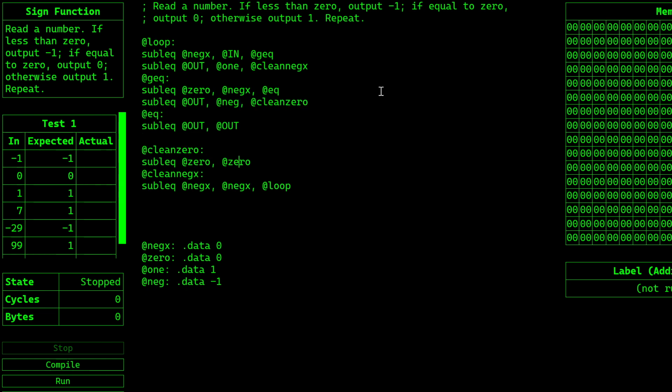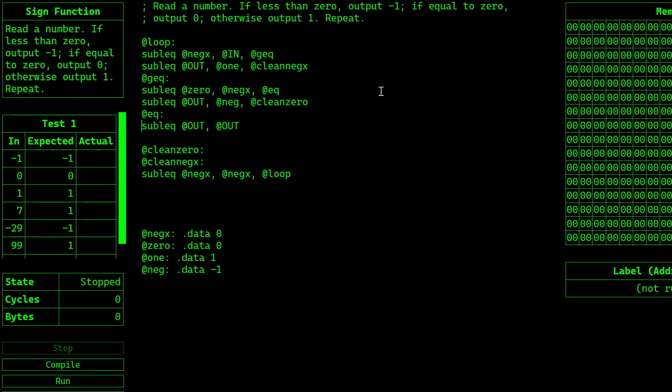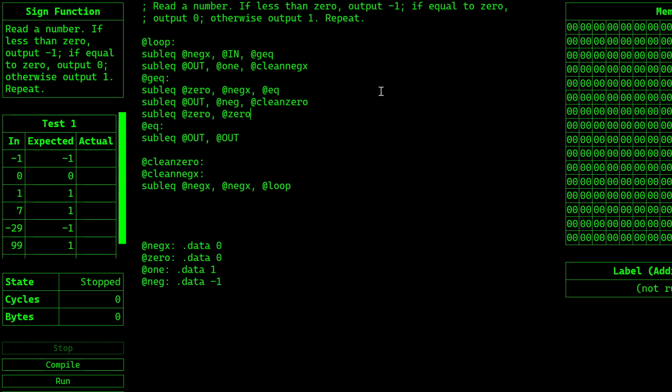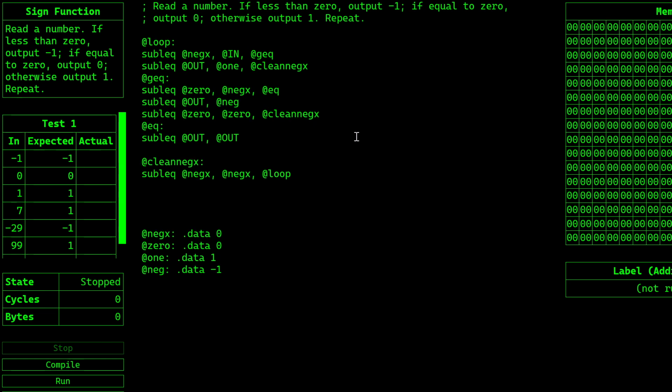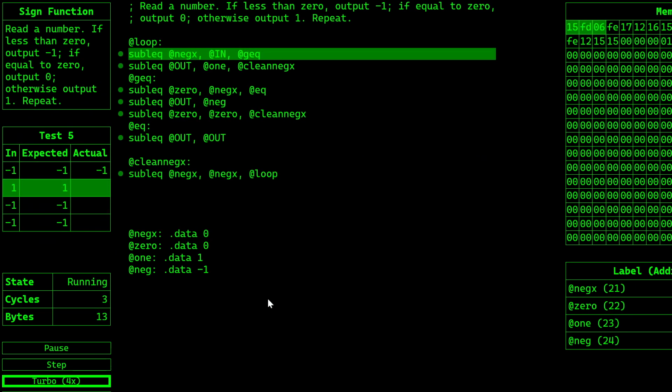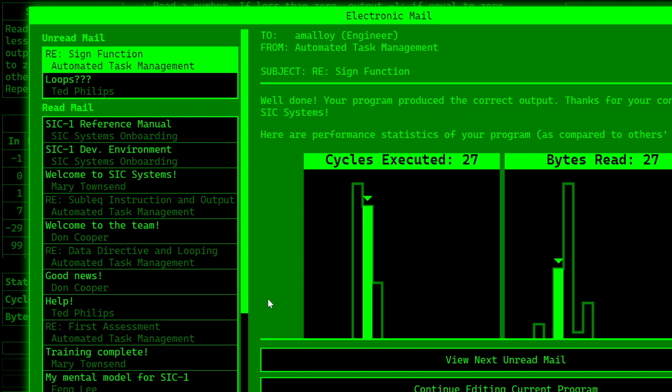So in fact, I can just take this and clean 0 myself and jump to clean neg x. Right? Because we have to do some subtraction yielding a 0 in order to branch, and it might as well be the one that we need to do anyway. Yes.